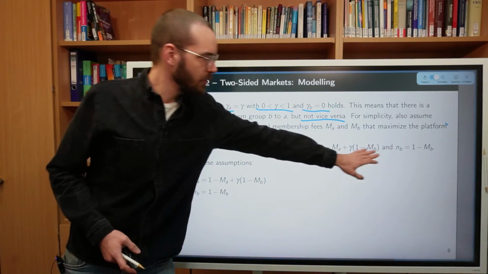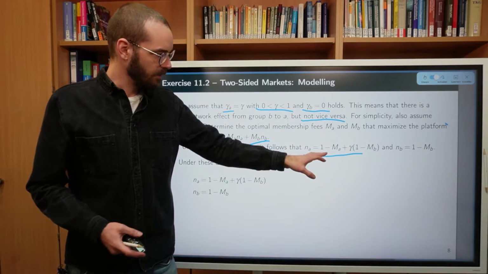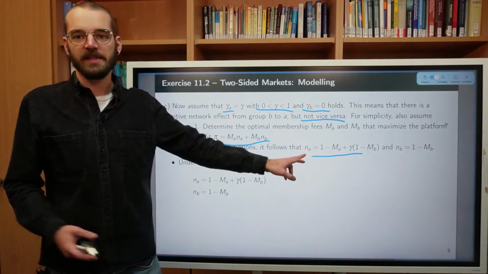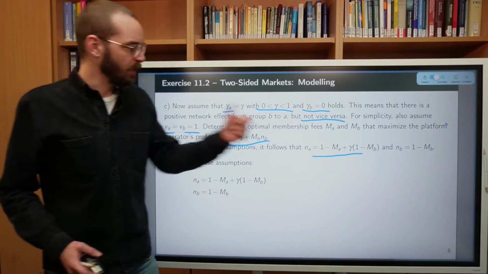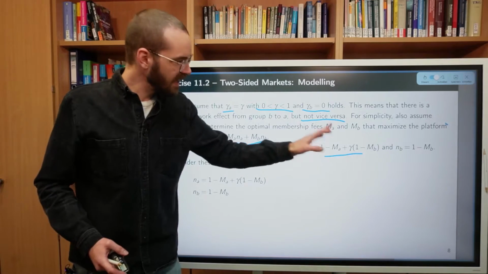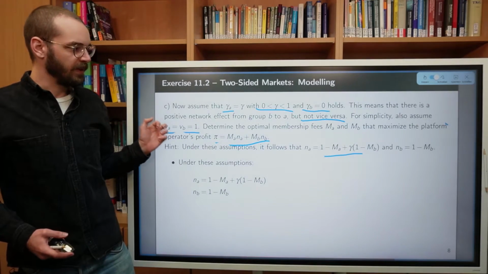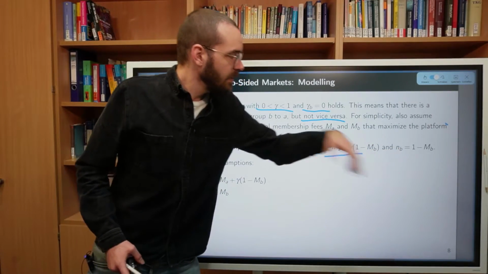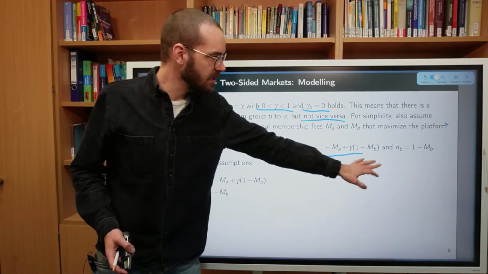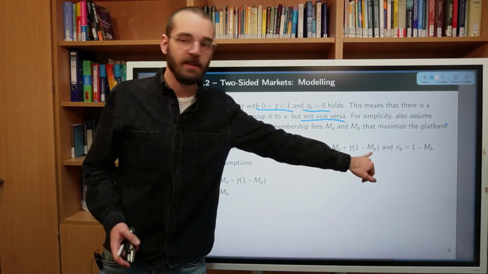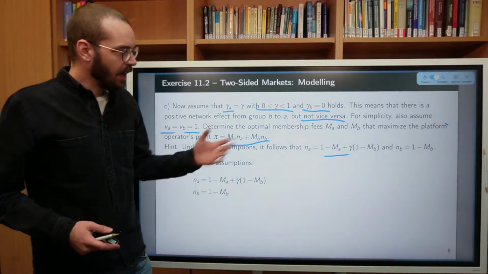These two functions are simply the result of starting from the functions we have derived under task B, and then applying these simplifying assumptions. What's left of the model is that NA is basically unchanged, other than that we have of course changed VA for a 1, and NB is now a way simpler expression, simply because this whole part where there was a gamma in front of these brackets is now 0, and thereby kicked out of the model.